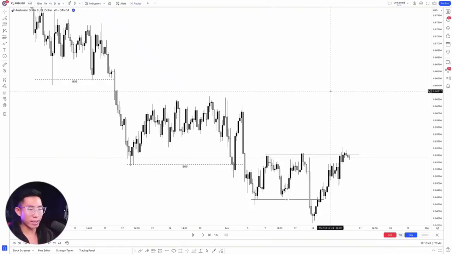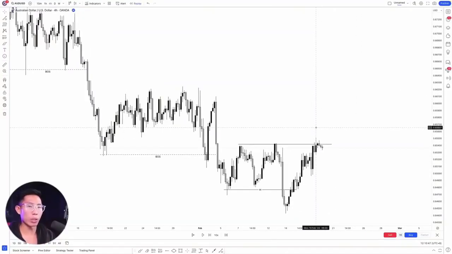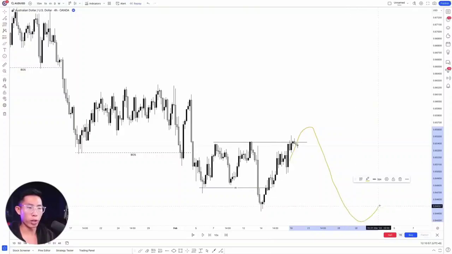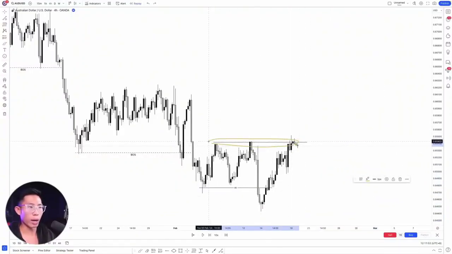In that scenario, we want to be looking for our sell position at these lower highs that are forming right here. So chances are right now, price is potentially forming a new lower high before heading back down to create your new lower low. So right now, we are waiting for price to take out these equal highs to create a new lower high right here.